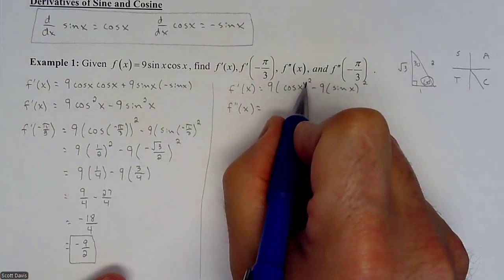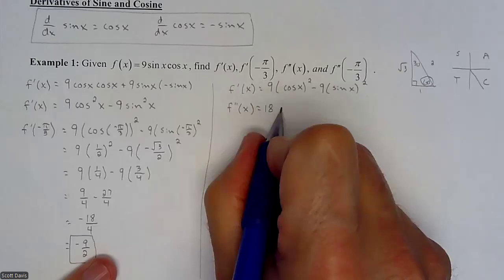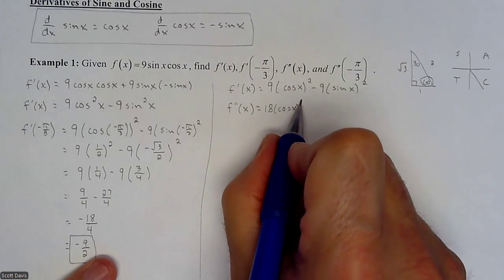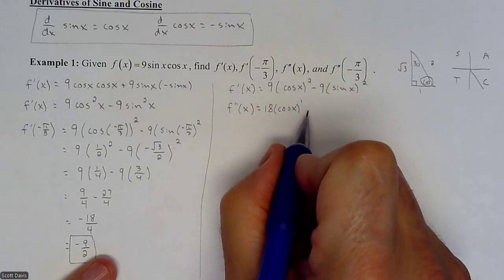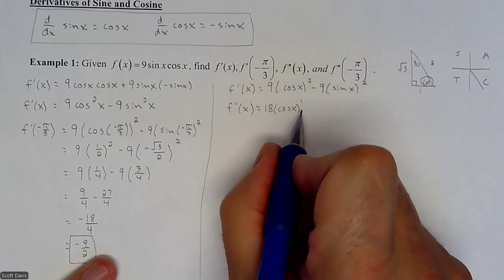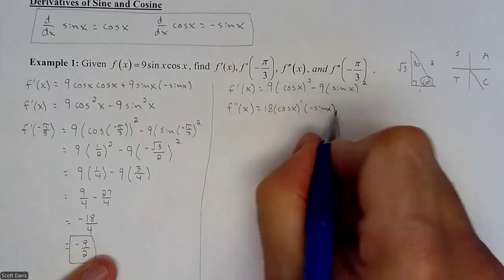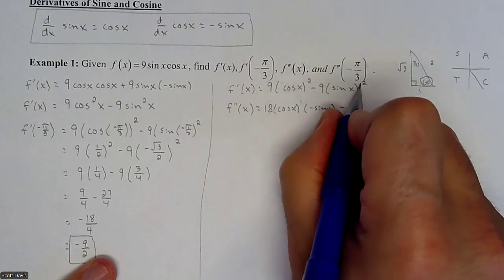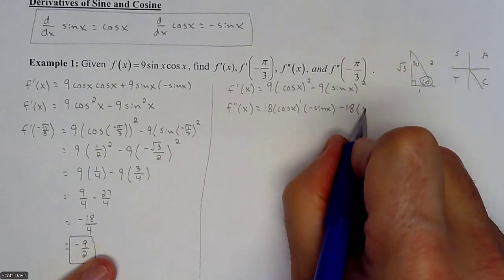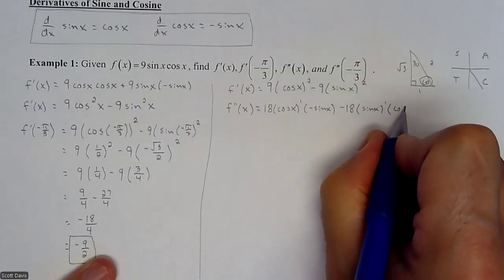So when I do my second derivative, I have a chain rule that's going to be applied to this. That 2 is going to multiply the 9 to an 18. And then we'll have cosine x, and that becomes a power of 1. The power comes down, so we do the derivative of the outside, don't change the inside, and then times the derivative of the inside, which is negative sine. There's that first piece, and then minus, again, the same 18, derivative of the outside, drop our power, and then times the derivative of the inside.